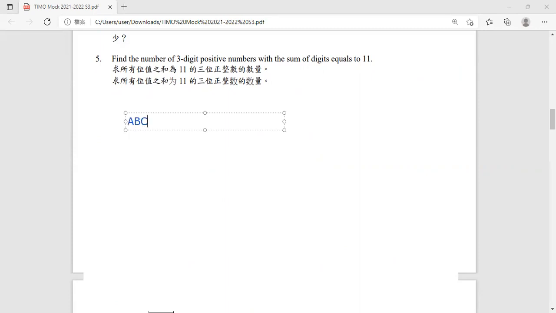So I have ABC. Say I have a number ABC with a bar over it.